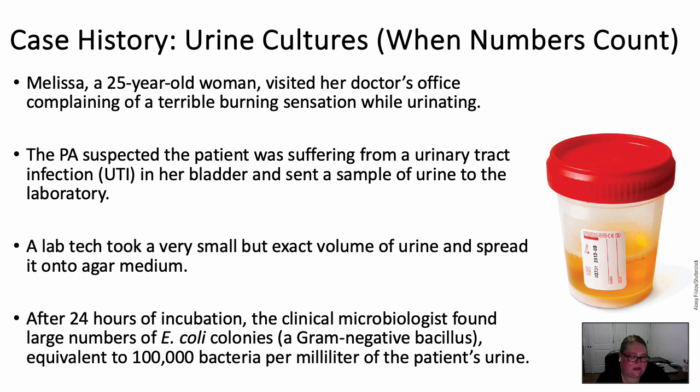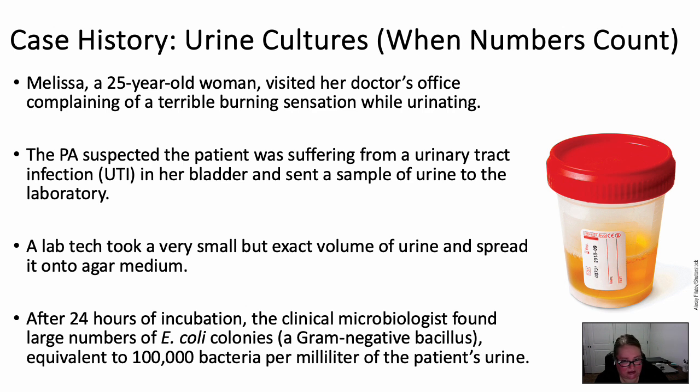When they do this with Melissa's sample, the clinical microbiologist in the lab found that Melissa has large numbers of E. coli colonies. E. coli is a gram-negative bacillus, a rod-shaped gram-negative. He found approximately 100,000 bacteria per milliliter in Melissa's urine.